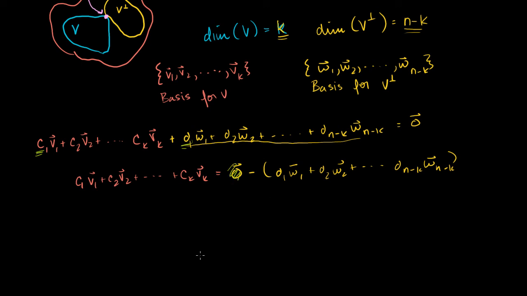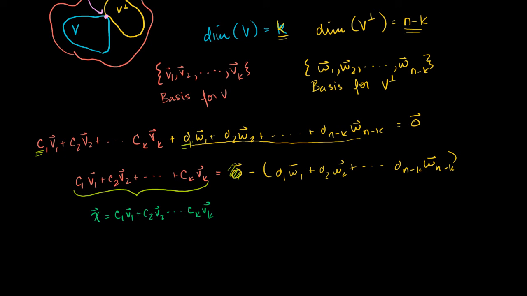So what I have here is some combination of the basis vectors of V, right? If I look at this, this is some linear combination of the basis vectors in V. So if I call this some vector x, let's say x is equal to c1 v1 plus c2 v2 all the way to ck vk.